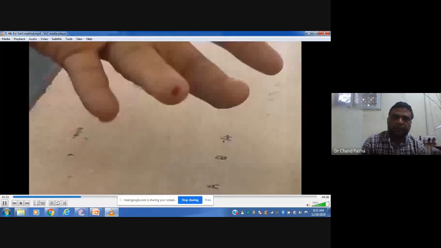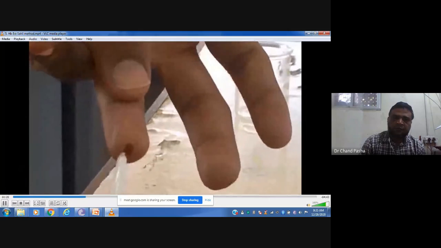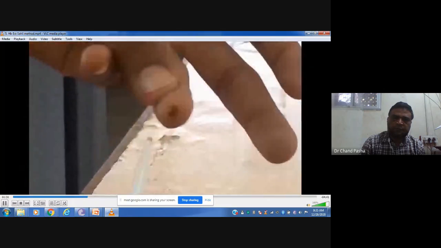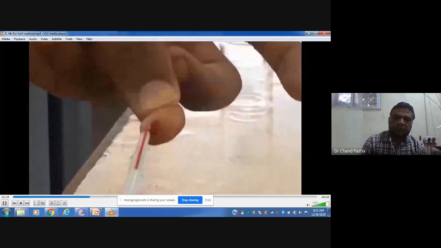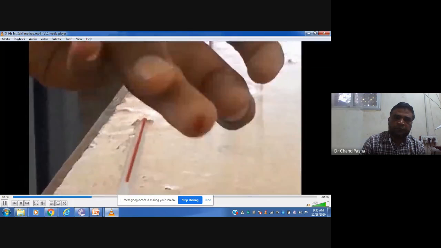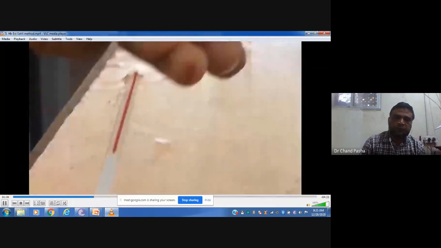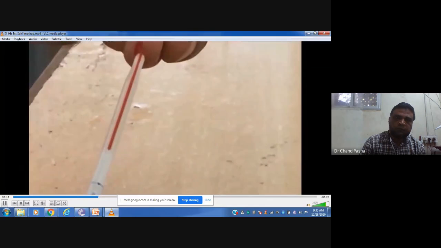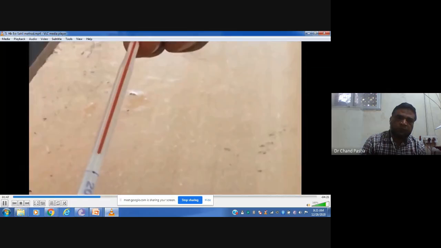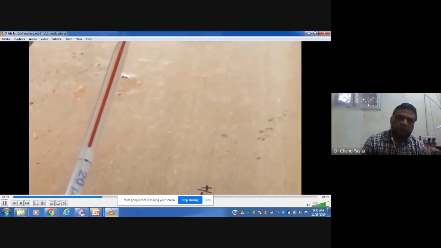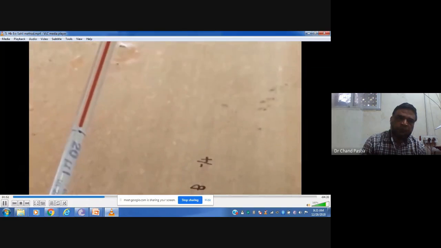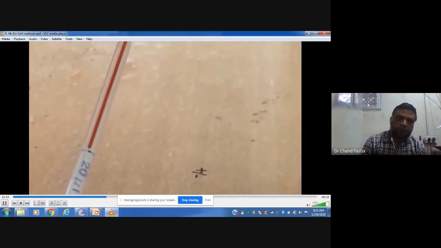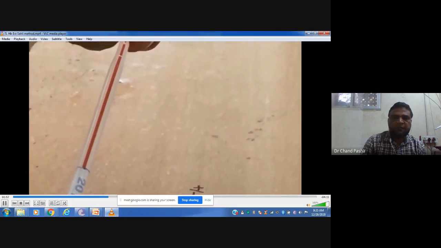Now take it with mouth pipetting, exactly 20 microliters. This is the 20 microliters of blood drawn.